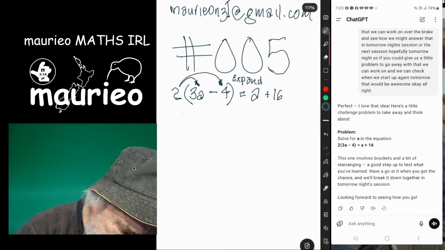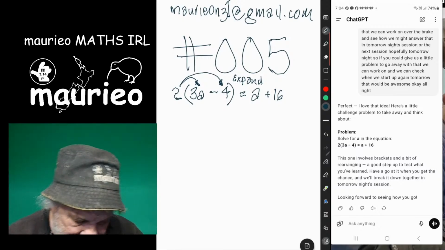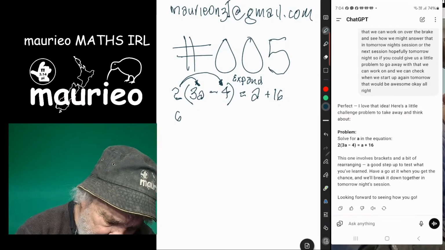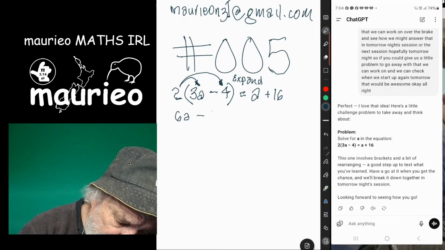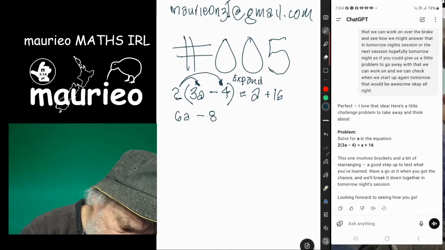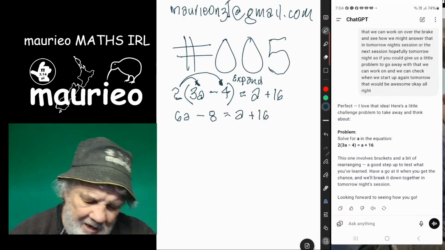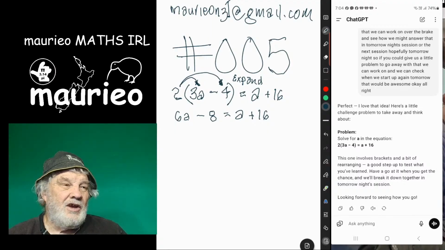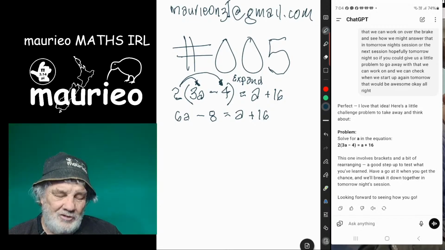So 2 times 3a, of course, is 6a. Minus 2 times 4 is 8. Equals a plus 16. Now you can see that it's similar to the other ones that we've done previously.